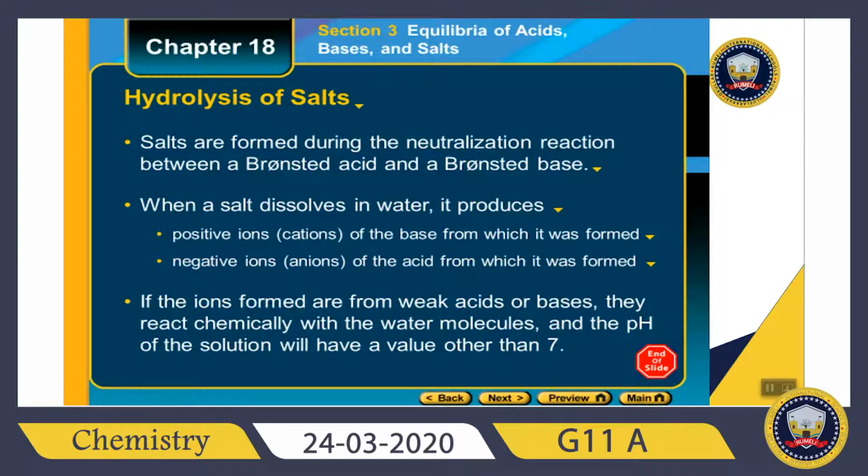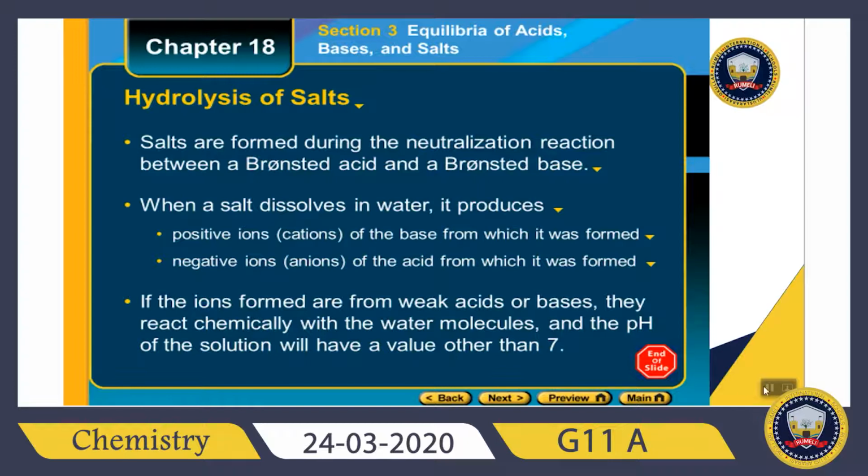To reach neutralization. Neutralization means pH equals 7. Now, if you have any disturbance in this neutralization reaction and the strength of the acid or the base, what will happen? The pH will shift according to the basics, and these basics we will explain today.